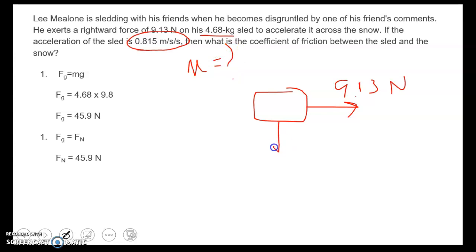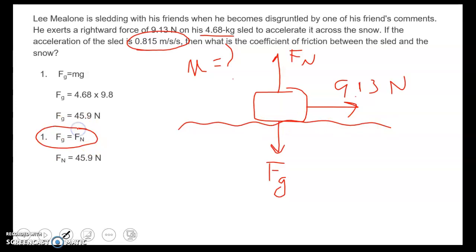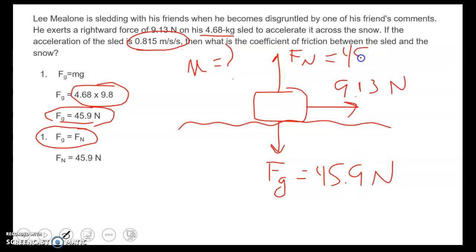Again, first step, force of gravity is acting on this thing, as is normal force. Since we're on a horizontal surface, they will be equal. Force of gravity is mass times g, 4.68 times 9.8, which gets me a force of gravity of 45.9 newtons. Which means my normal force also is 45.9 newtons.